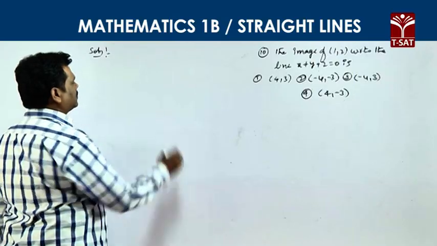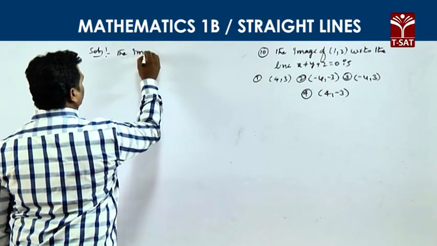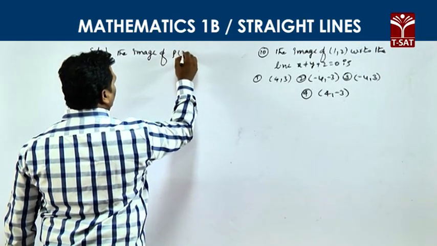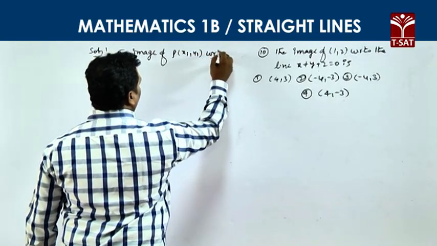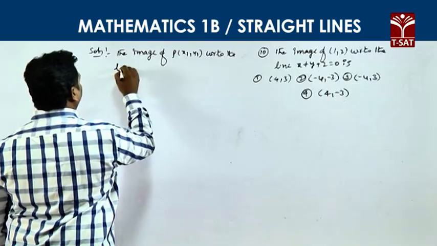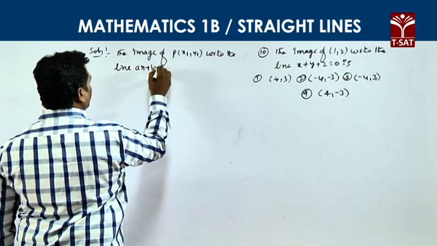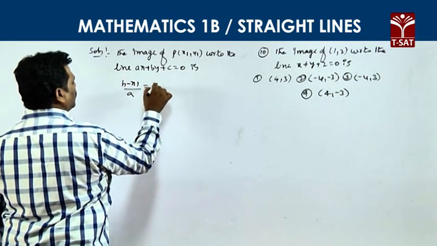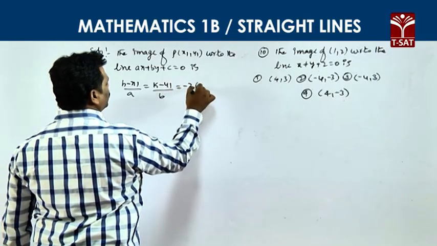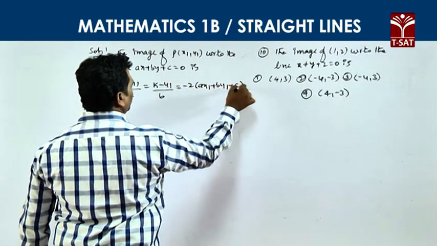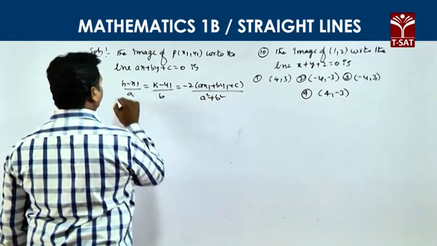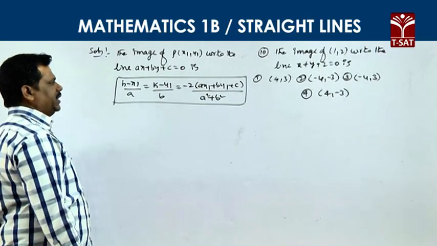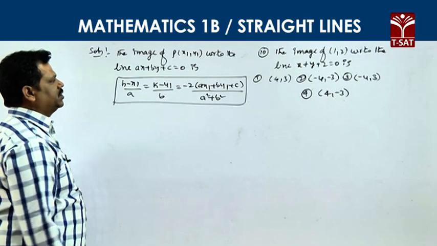We know that the formula for the image of P(x1, y1) with respect to the line ax + by + c = 0 is (h − x1)/a = (k − y1)/b = −2(ax1 + by1 + c)/(a² + b²). This is the formula for the image of a given point. Now we have to find the image of (1, 2).